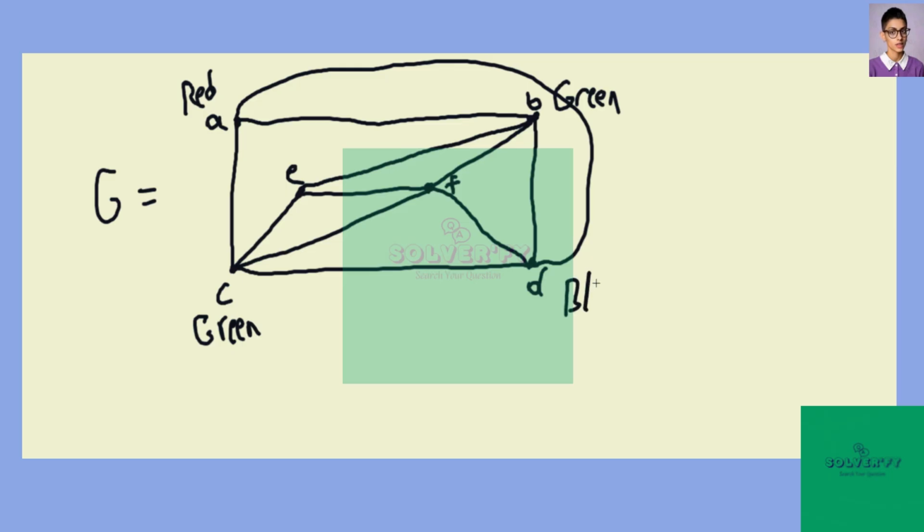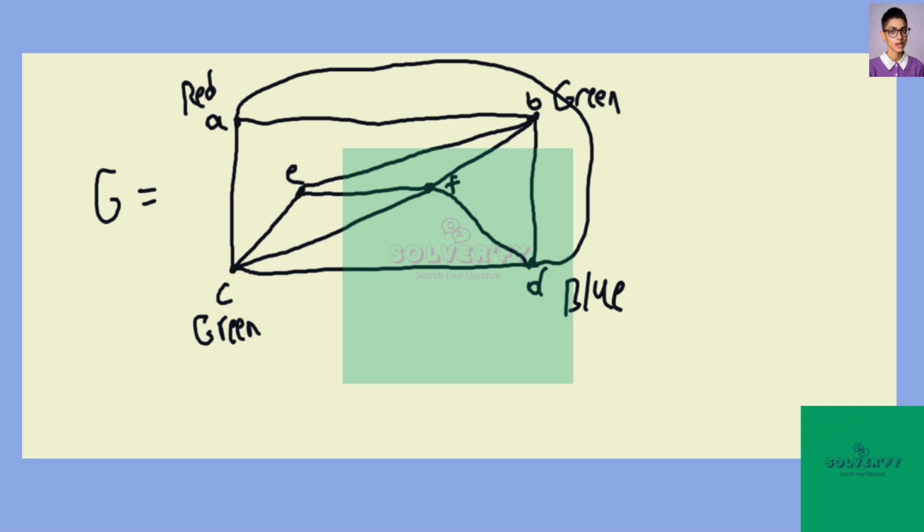Okay. Now looking at vertex E, well, E is connected to C, right? So E cannot be green. E is connected to A. I missed the line here.